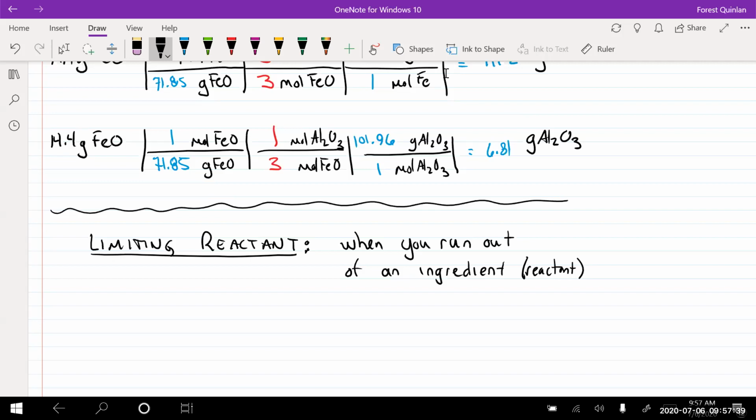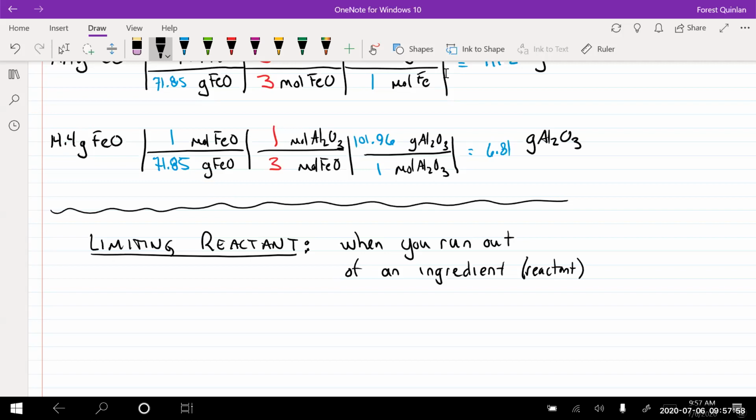That's like never the case. Oftentimes in chemical reactions, people will flood the reaction with a really cheap ingredient to make sure the really expensive one is all used up so they don't waste material.